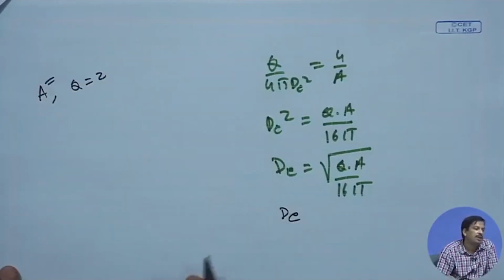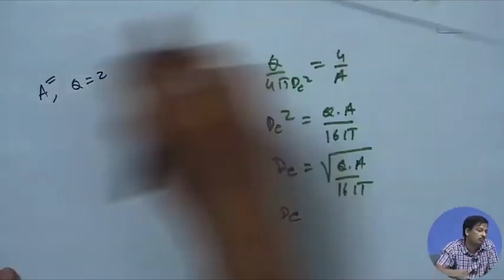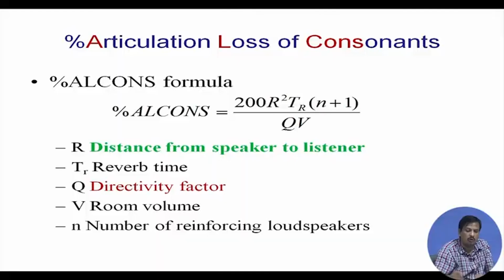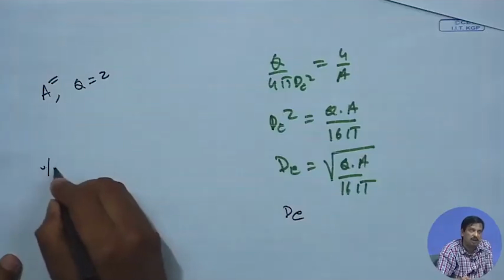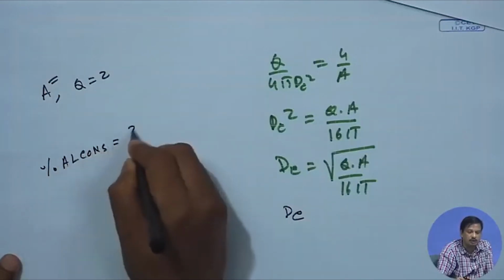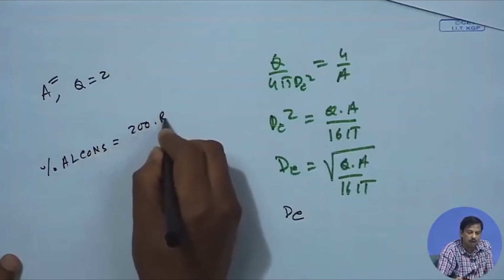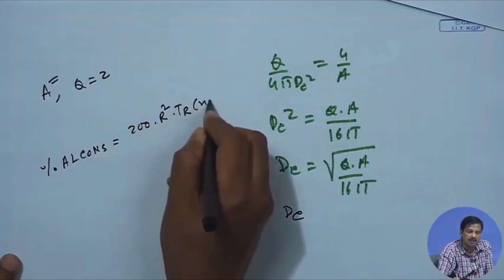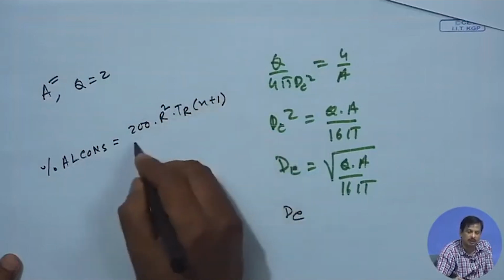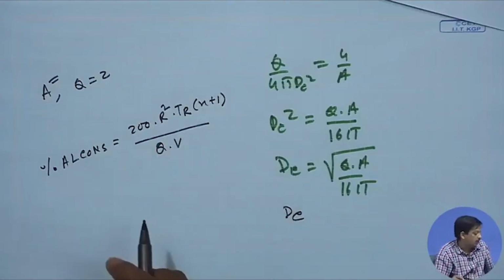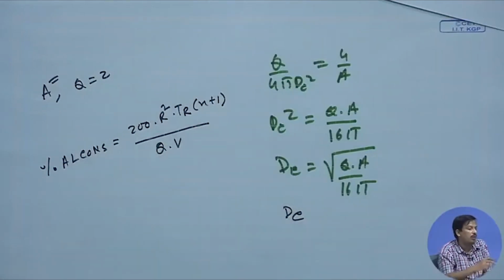Then I said calculate the percentage ALCONS. What is the percentage ALCONS formula? ALCONS is 200 into R square, where R is the distance, TR is the reverberation time, N is the number of reinforcement speakers, and Q into volume. What is given in the problem?